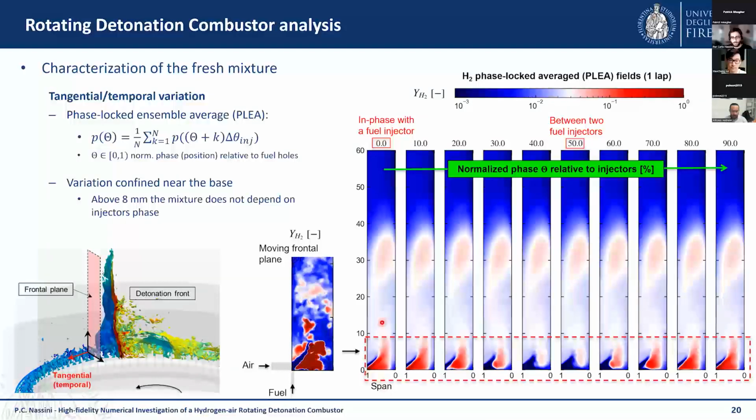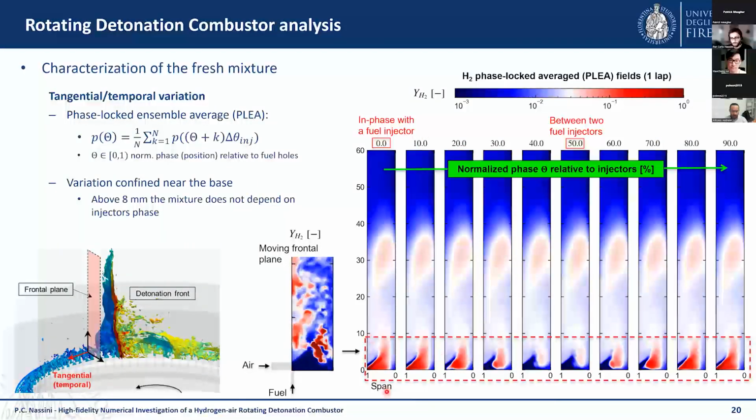In other words, this is the average of all the samples which are aligned with the fuel injector, while this 50% is the average of all the samples of the gas state in between two fuel injectors. And then, of course, we have all the other intermediate conditions.